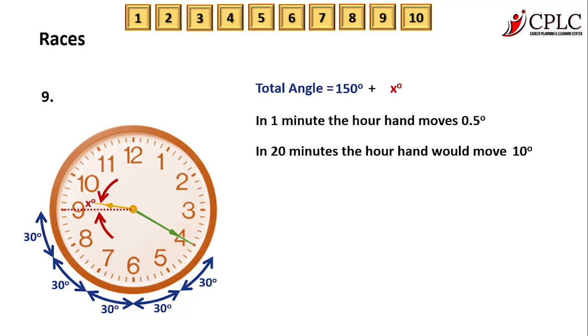So the additional value of x is 10 degrees, and that means the overall answer is 160 degrees, which is answer option 3. The smaller angle between the hour hand and the minute hand at 9:20. So that was the ninth question.